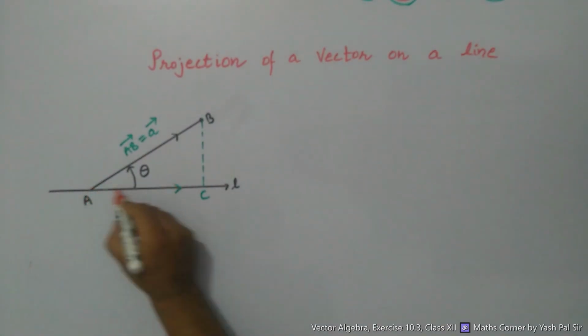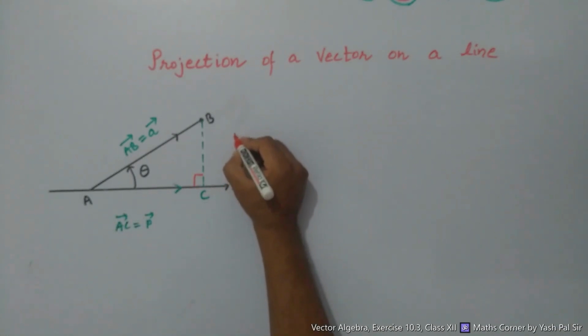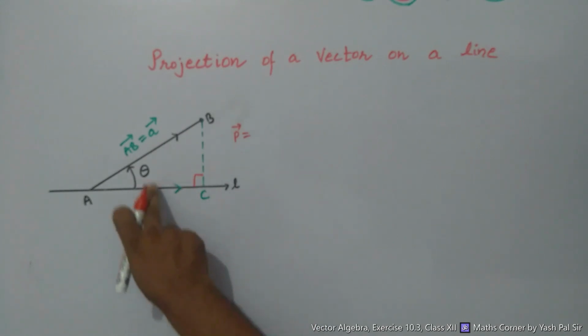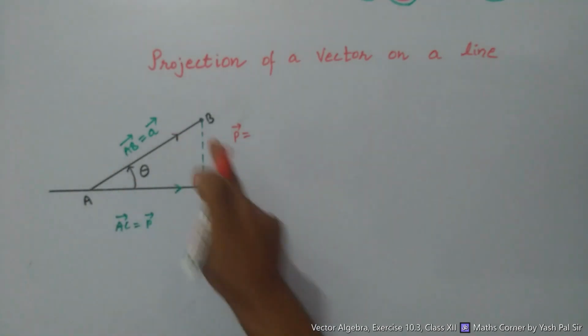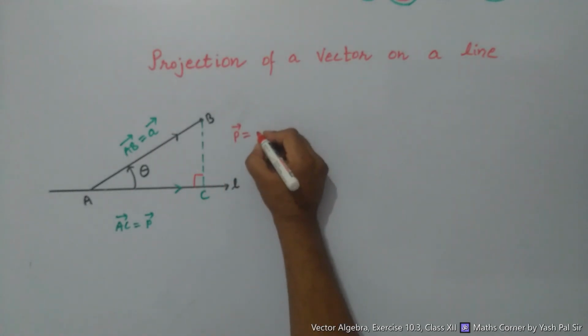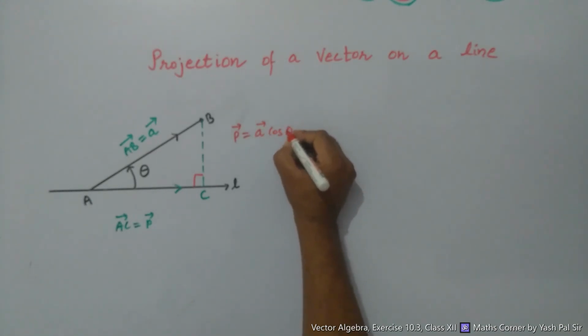So in this right angled triangle, projection is equal to base upon hypotenuse, that is equal to cos theta. So vector P is equal to AB, which is equal to the given vector A into cos theta.